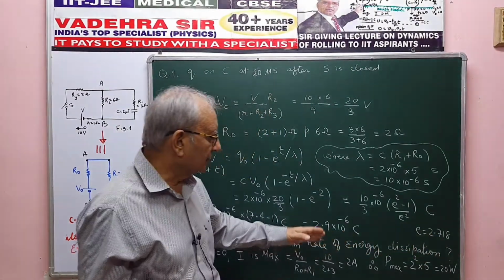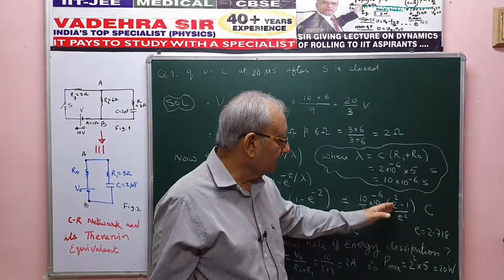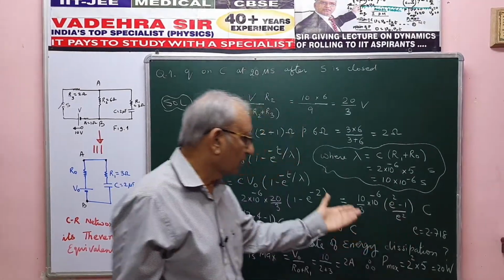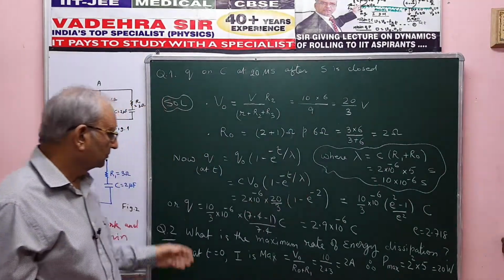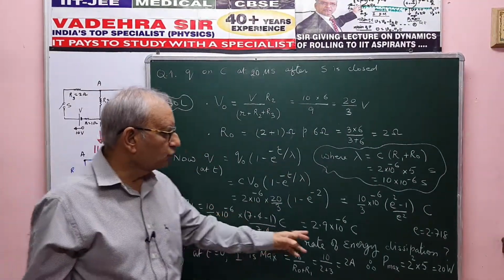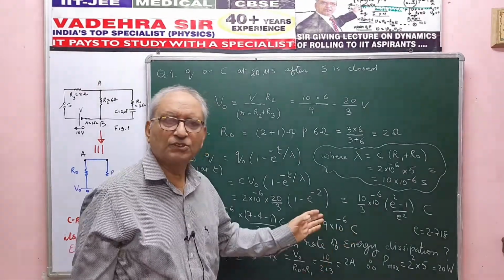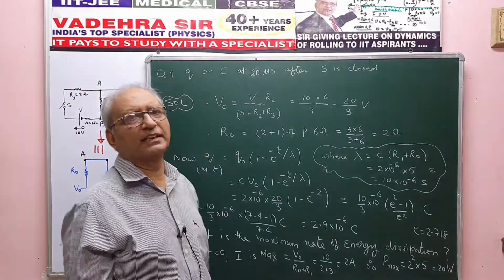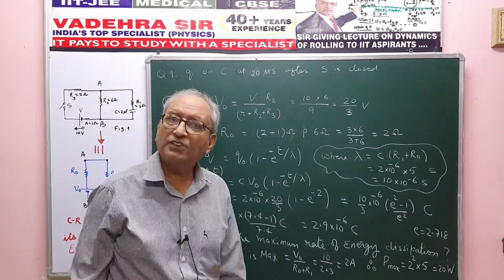So this is 10 by 3 into 10 to the power minus 6, e square minus 1 upon e square. I just square this e, put down the value, and I get the answer 2.9 microcoulomb. That's the answer to the charge on the positive plate of the capacitor after 20 microseconds once the switch is closed.